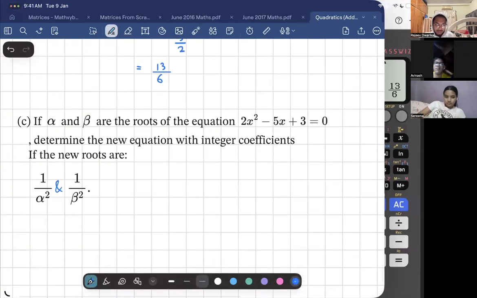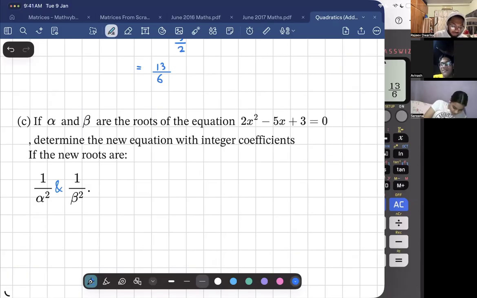Serena, if you understand what happened in here, proceed. If alpha and beta are the roots of the equation 2x squared minus 5x plus 3 equals 0, determine the new equation with integer coefficients if the new roots are 1 over alpha squared and 1 over beta squared.